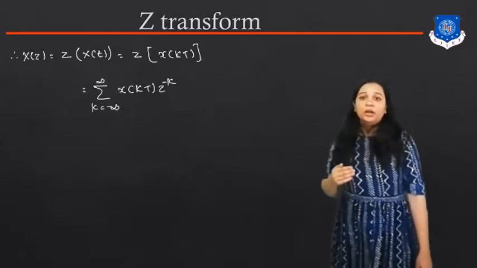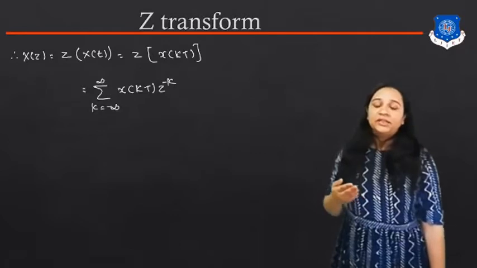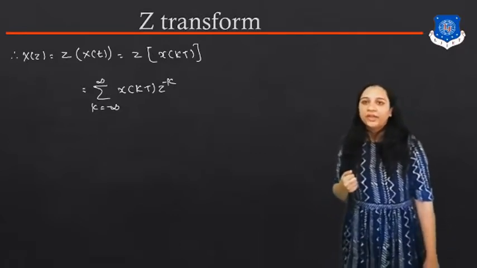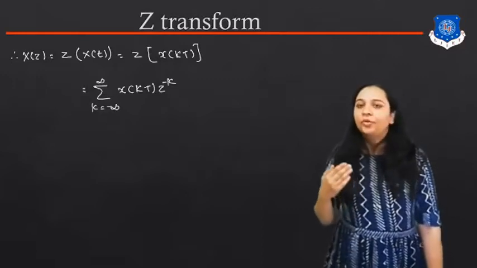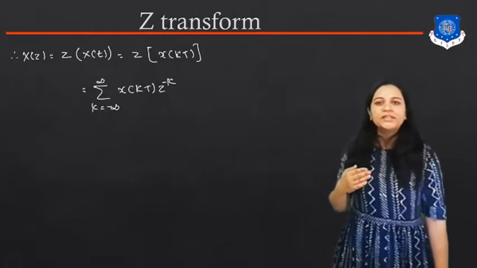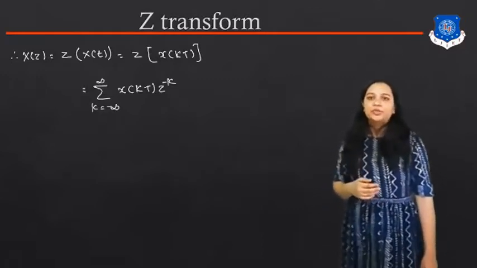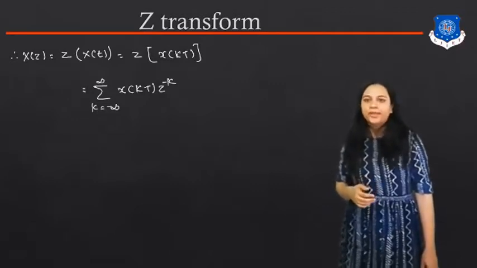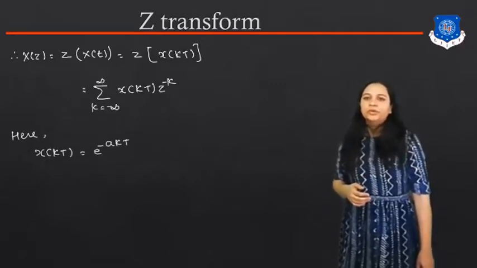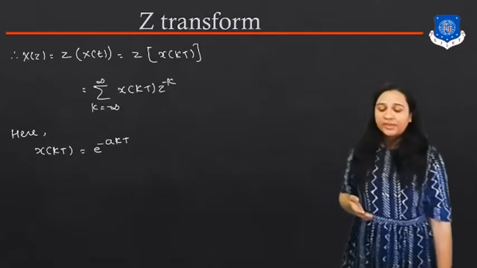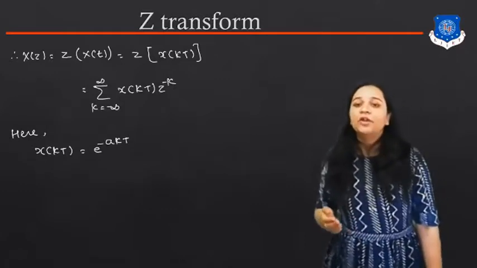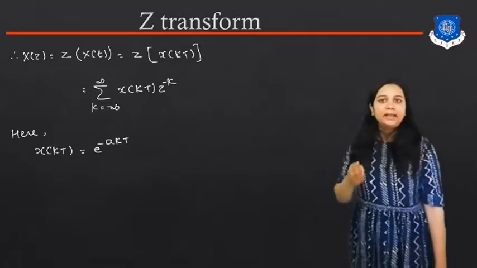So put the value in the standard z transform, we can get summation of k is equal to minus infinite to infinite x of kT z raised to minus k. Okay. So the next is x of kT that is equal to, here the exponential function, e raised to minus a kT.